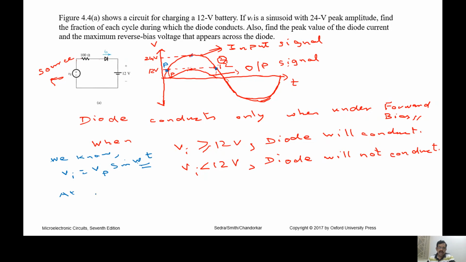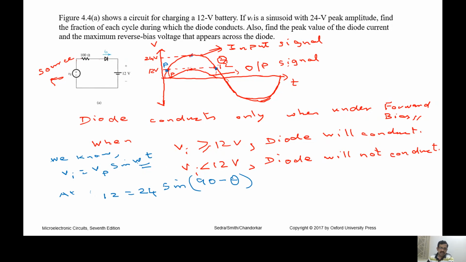It will be related as 12 volt equal to 24 sine of 90 minus theta, because when theta equal to 0, you will get sine 90, which will be this point.